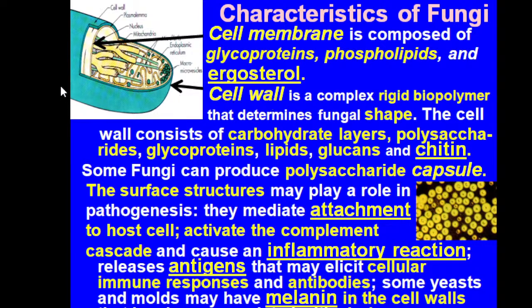It is a very complex structure and it is a very rigid biopolymer, and of course it is responsible for the shape of fungi. So the cell wall consists of carbohydrate layers, polysaccharides, glycoproteins, lipids, and glycans, but the unique component is a chitin.